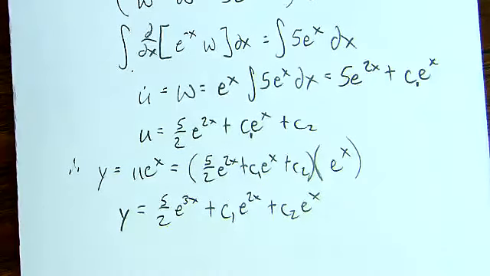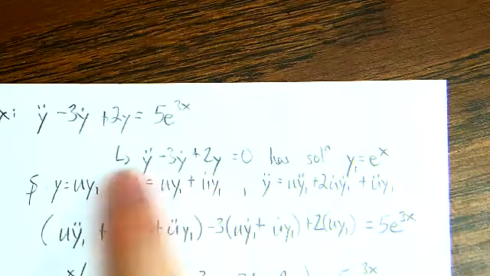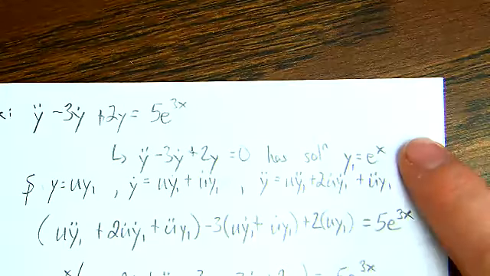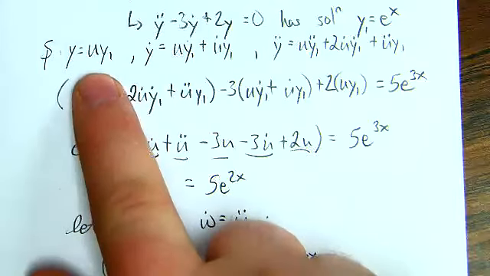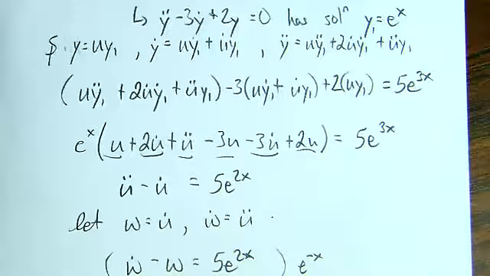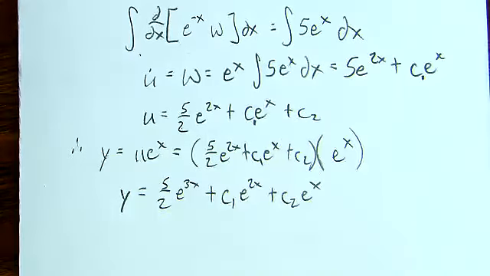So using just the observation that this solves the homogeneous version of this differential equation, we were able to use a substitution, assuming linear independence, and find the solution to the inhomogeneous differential equation.